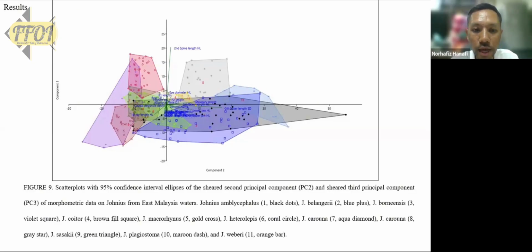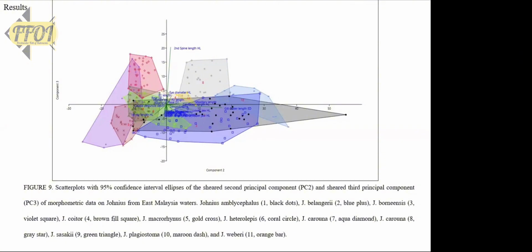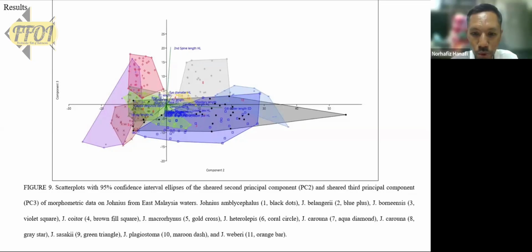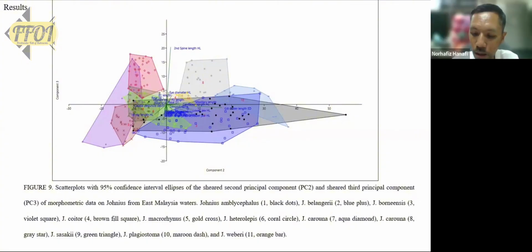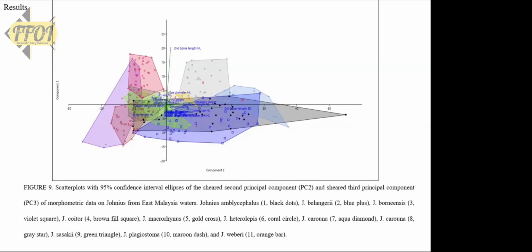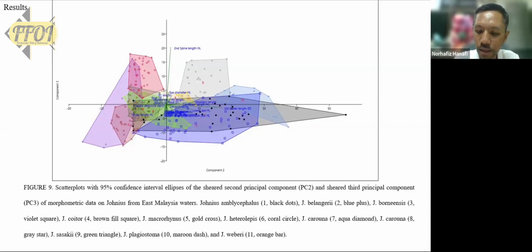So this is actually I take the morphological analysis from the principal component analysis. I use this to analyze the morphology, because you know what, many researchers ask me, Hafiz, how can you make sure the morphology of species A is different from species B? How can you confirm that?